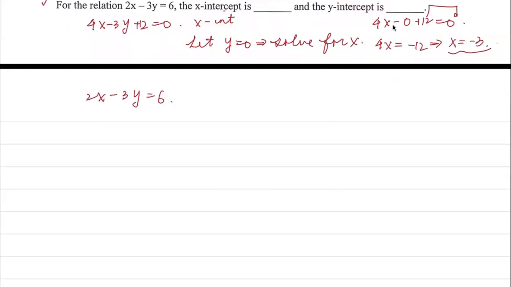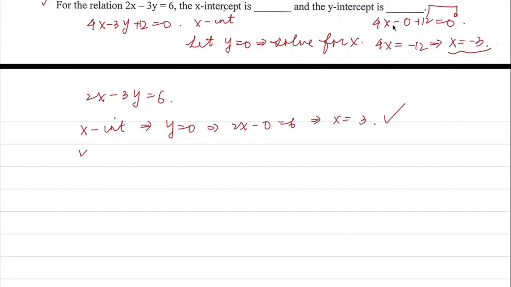If we're asked to find the x-intercept, then that means we let y be equal to 0. That means 2x minus 0 is equal to 6, which means x is equal to 3. So this is the x-intercept.